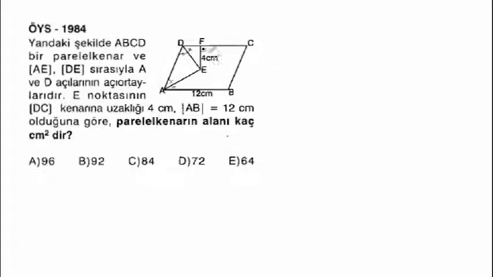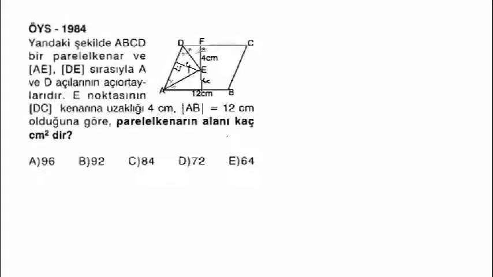So first, this is angle bisector, this is angle bisector. So we can say that this is a right angle, and because of the isosceles triangle rule, this is 4 centimeter too, and again because of the isosceles triangle rule, this becomes 4 centimeter too.